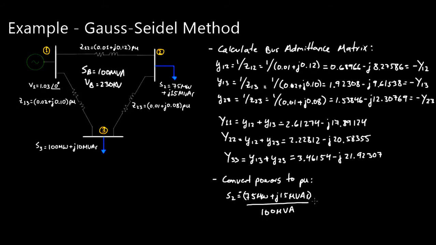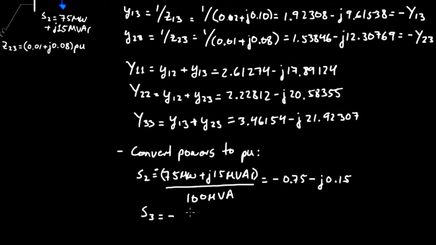Alright, so let's go ahead and just write this again. I'm going to say minus 0.75 minus j0.15. And then we're going to do the same thing for S3. So S3 is going to be minus this power over here, so 100 megawatts plus j10 megavolt ampere reactive, all of that over 100 MVA, which is our base.